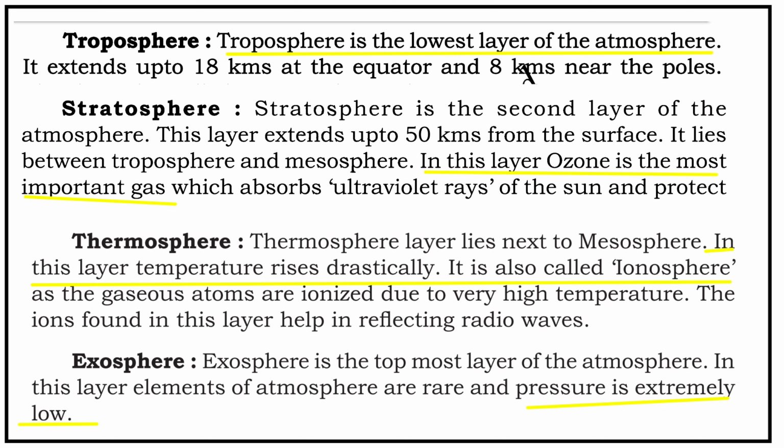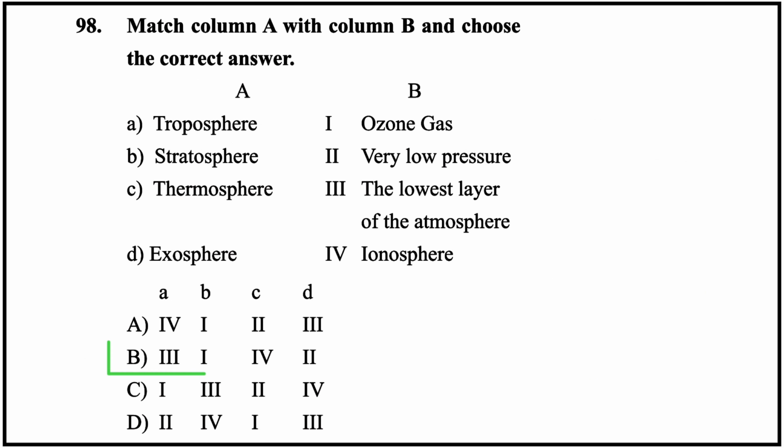Troposphere is the lowest layer of the atmosphere. Stratosphere, in this layer, ozone is the most important gas, which absorbs ultraviolet rays. Thermosphere, in this layer, temperature rises drastically. It is also called ionosphere. Exosphere, pressure is extremely low. Here, B is the right option.